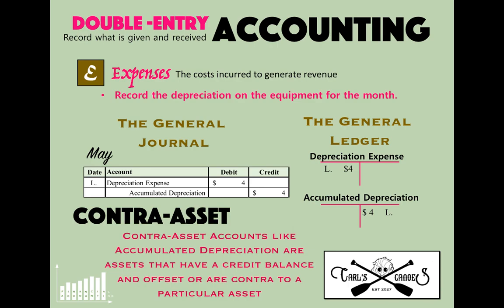So depreciation expense and accumulated depreciation, that credit account there is a contra asset account. It is an asset account, but it has a credit balance. So it's unlike most of the other assets. It is contrary, right? Contradictory. It offsets the asset balances.